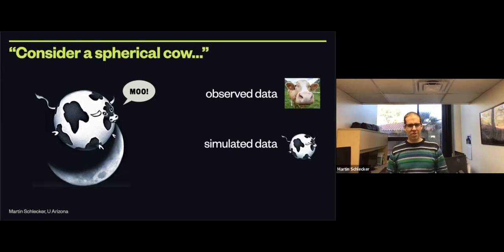You might notice the cow is also slightly distorted. This could be due to instrumental effects, just as it occurs in nature, or some detection biases maybe. But the simulated data will always have a spherical cow in the corner, just so that you're not confused about what you're currently seeing.